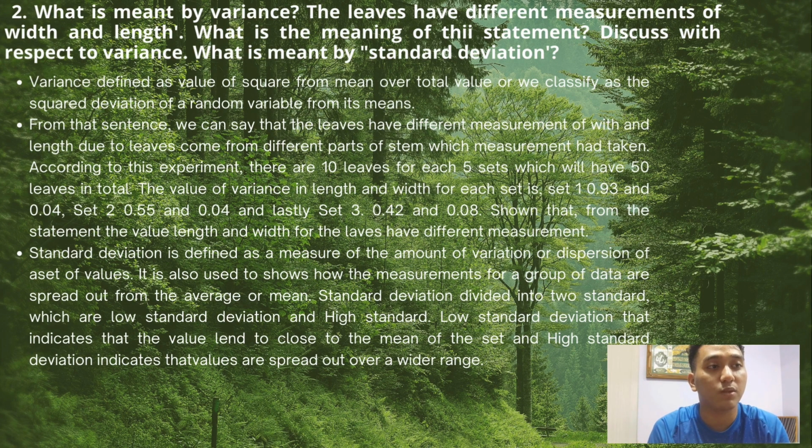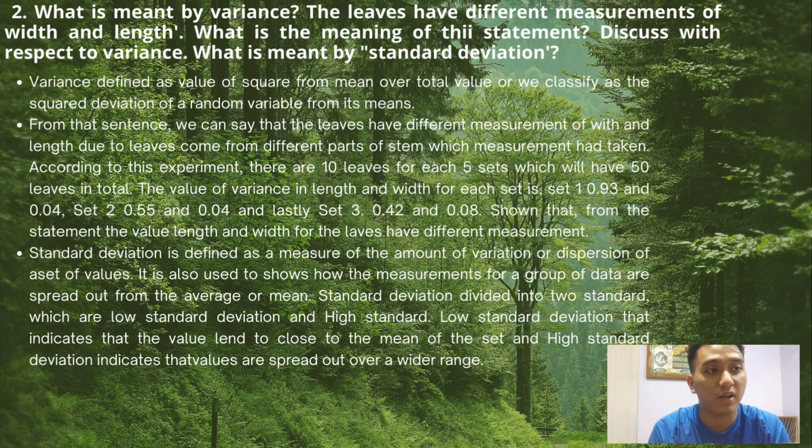According to this experiment, there are 10 leaves in each tree set, which will give 30 leaves in total. The variance in length and width for each set is: the first set 0.93 and 0.04, the second set 0.55 and 0.04, and lastly the third set 0.42 and 0.08. This shows that the length and width of the leaves have different measurements.